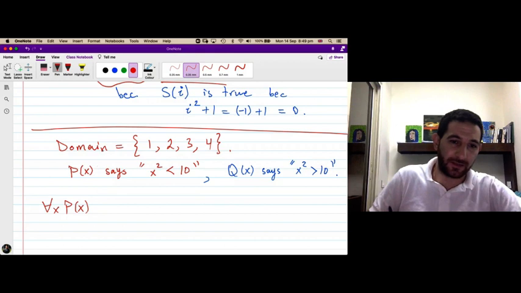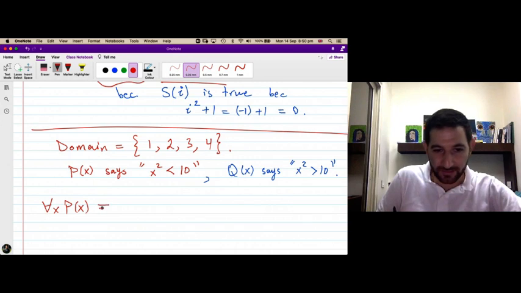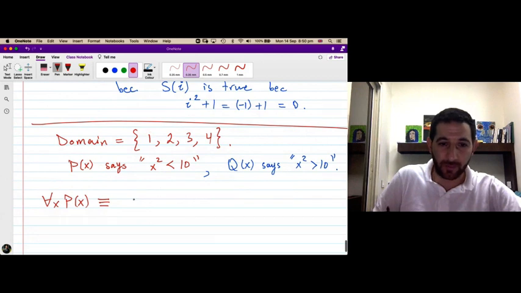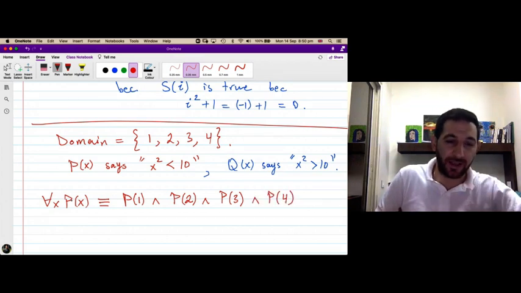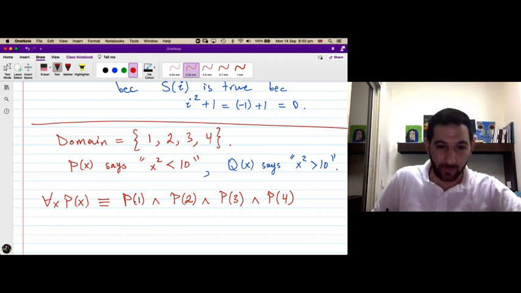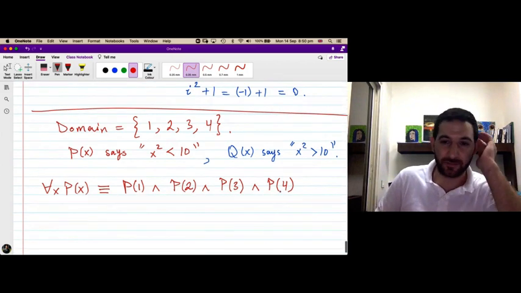It means that every element in my domain has property P. So this is logically equivalent, with the same truth value, to saying that P of 1, and P of 2, and P of 3, and P of 4. For all x, P of x is true when every element in the domain has property P. We have 4 elements, so this says that 1 has property P, 2 has property P, 3 has property P, and 4 has property P.